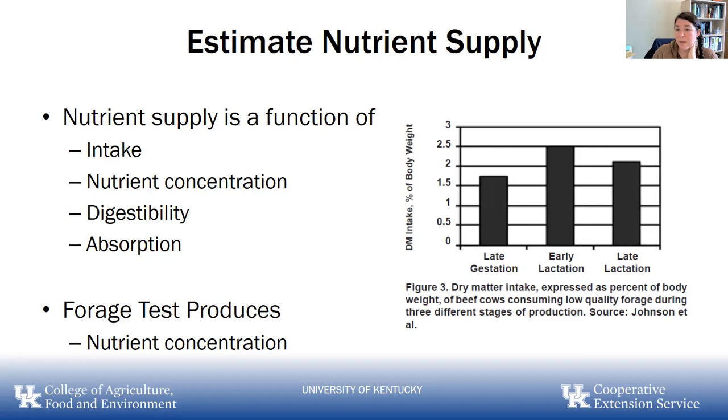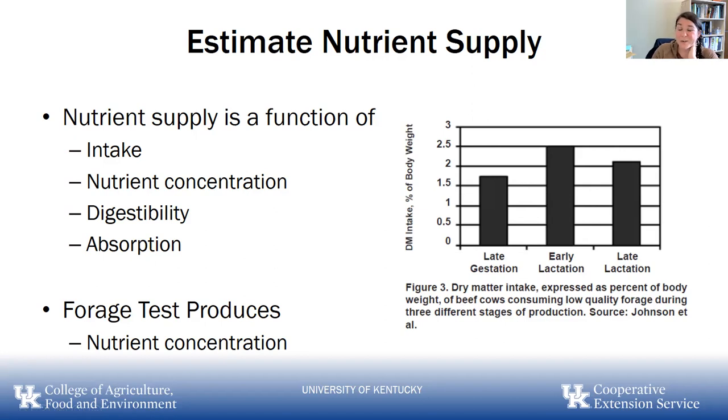If you think about it, a lot of our supplements and a lot of our rations, we base it on around 2% body weight. And then early lactation, as you can tell, she's going to go way up to almost 2.5% of her body weight. That's because she's producing for two. She's needing a lot of energy and a lot of protein to get that calf up and going.